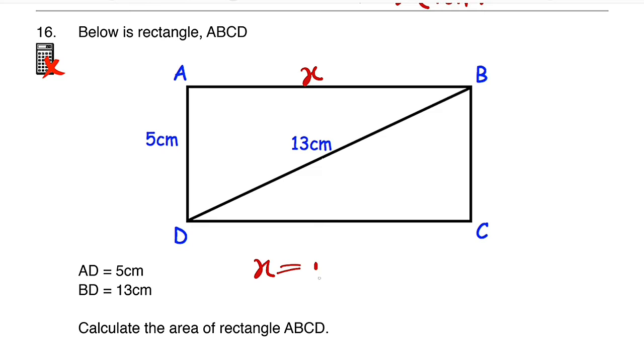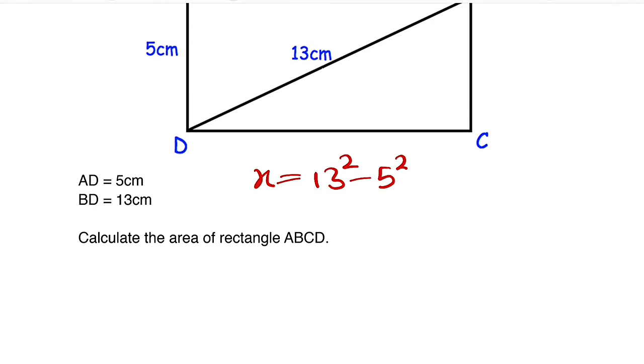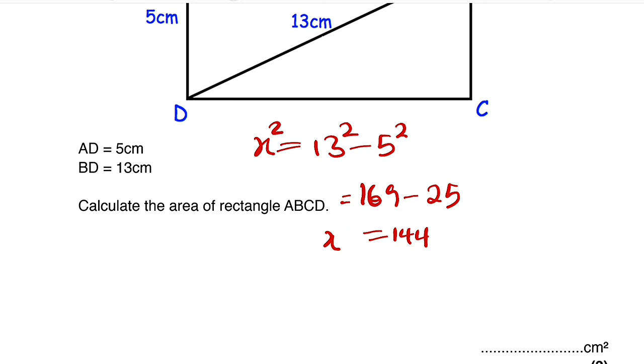So x squared will be equal to 13 squared minus 5 squared. So 13 squared is 169, 5 squared is 25, and this is equal to 144, all right? Remember this is x squared. So x will be equal to the square root of 144, and x is equal to 12.